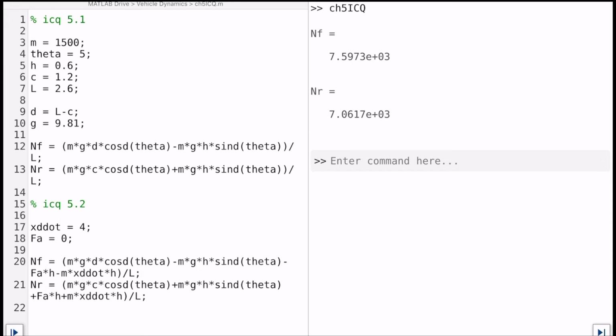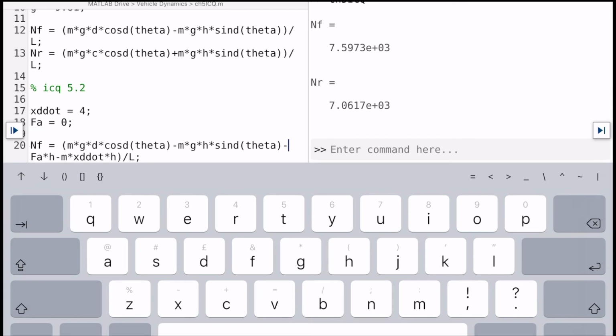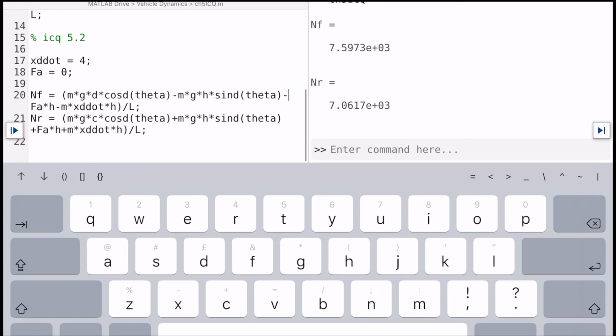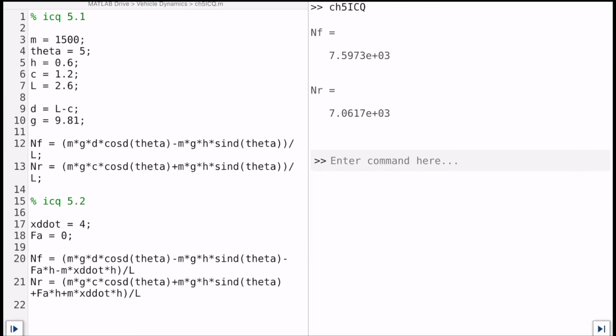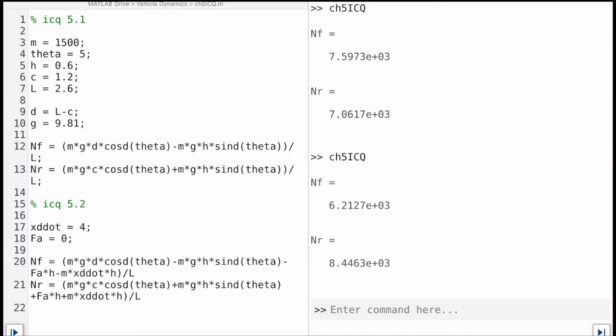So I've got my minus FA times H minus MX double dot times H, multiplied by L. And then down here it's plus FA times H plus MX double dot times H. And if I take the semicolon off there and run that code, we get 6,212.7 for the front and 8,446.3 for the rear.